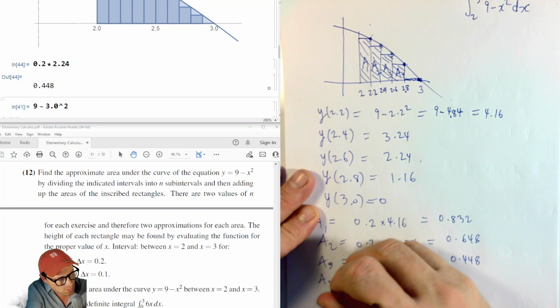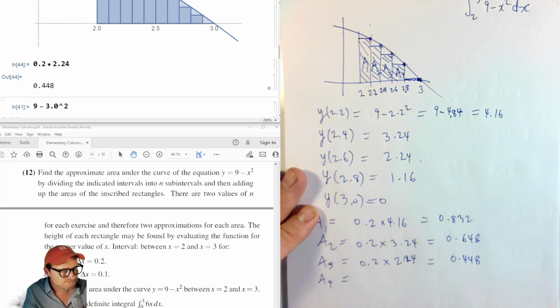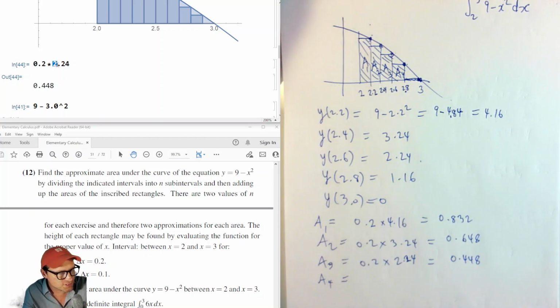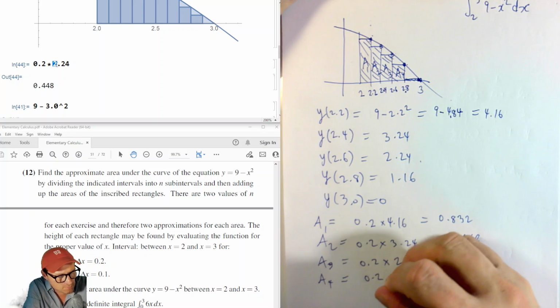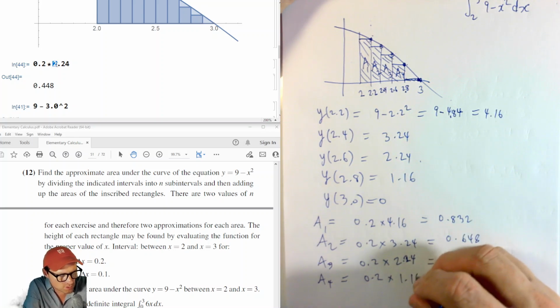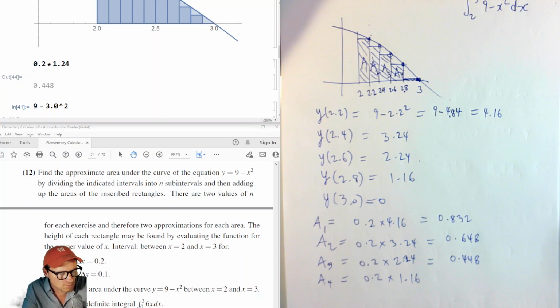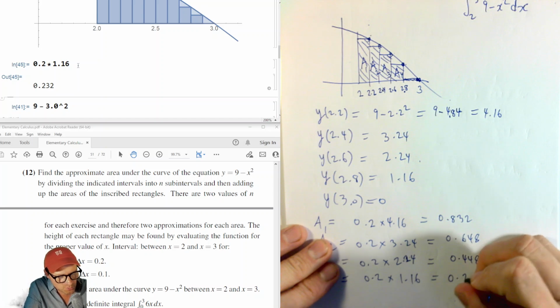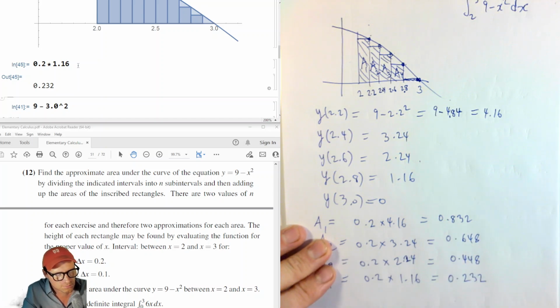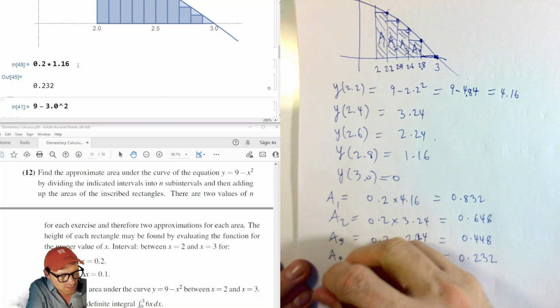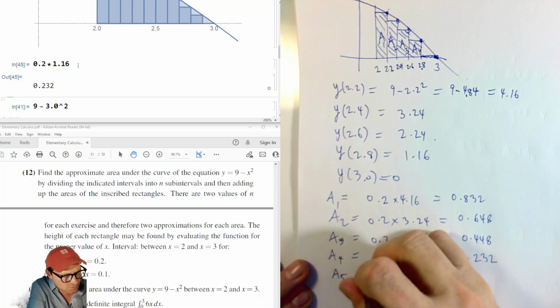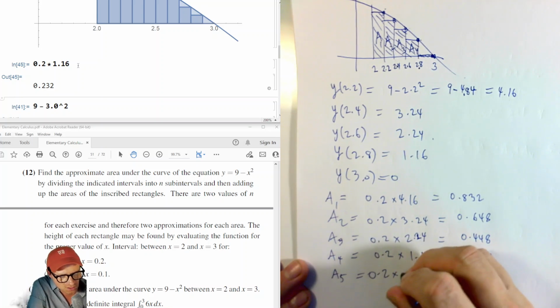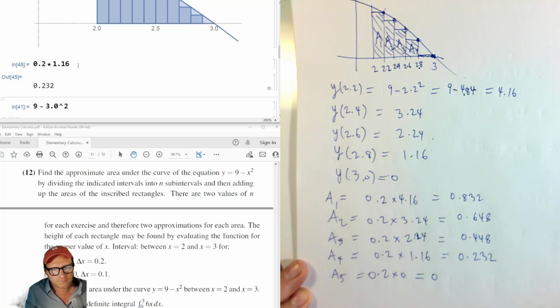And then A4, 0.2 times 1.16, and so we have 0.232. Okay, last one, A5. Of course, that's 0.2 times 0, which is 0.